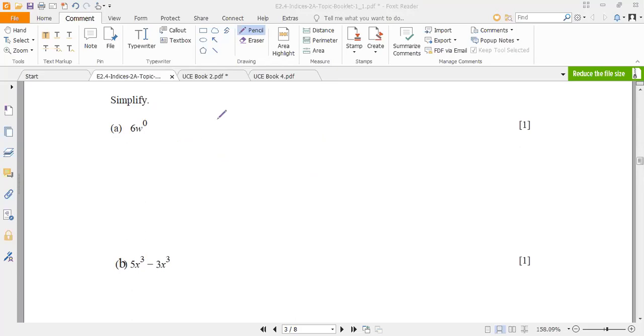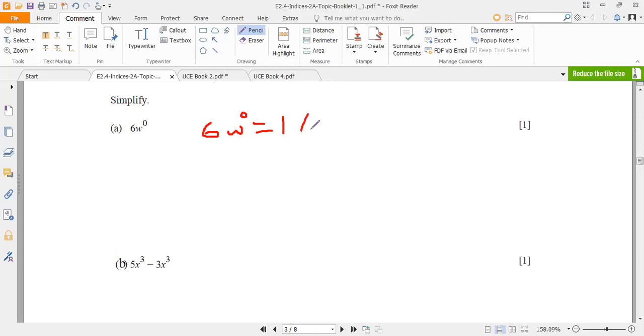Which answer is 1? Like when you say 6w to the power of 0 is equal to 1. That's what it means.